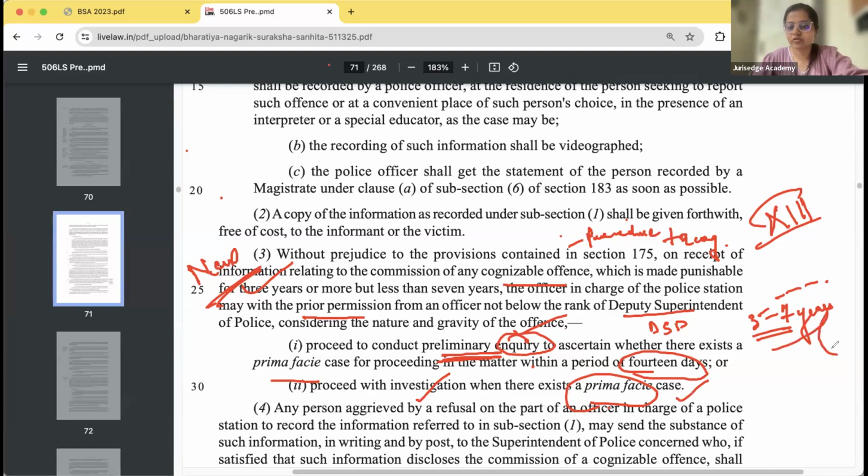This is just for smaller offenses which are cognizable, but the punishments are 3 to 7 years. The police has a power to conduct the preliminary inquiry, and it is a may provision.